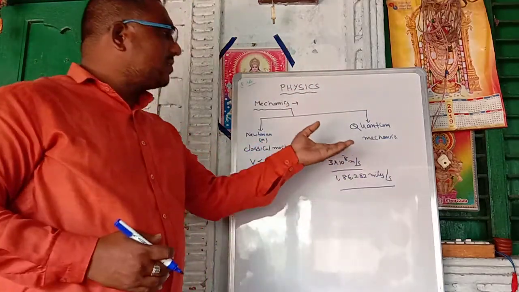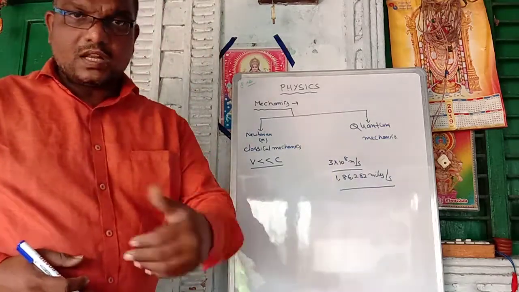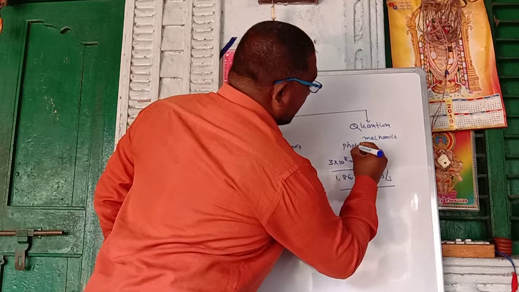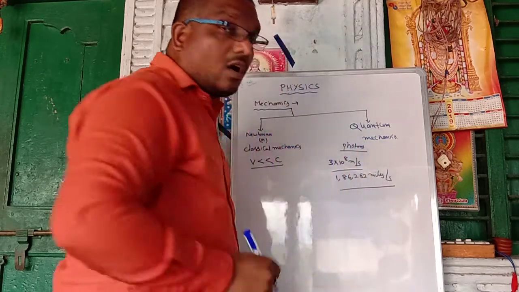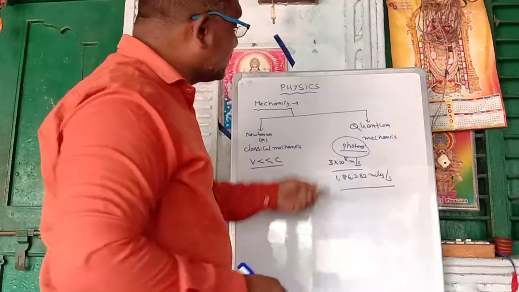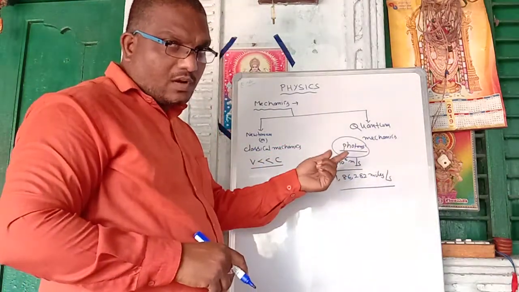Now let us see the second one. What is the meaning of quantum mechanics? For example, light. What does light consist of? Light consists of photons. Photons are moving with high speed, and some particles also move with high speed, that is the speed of light.